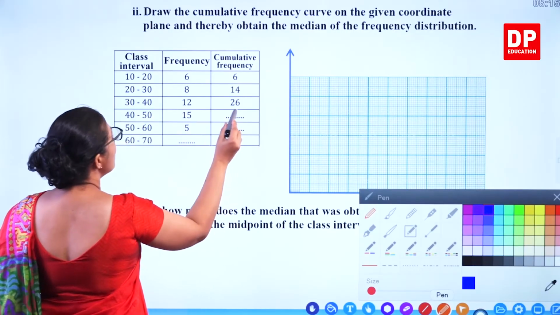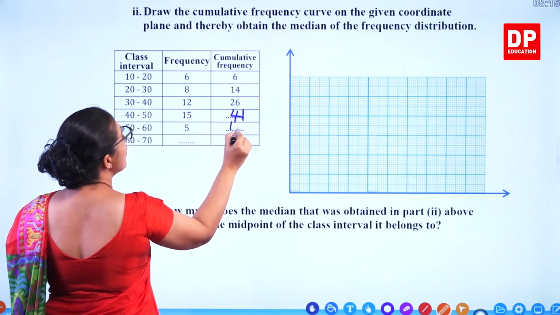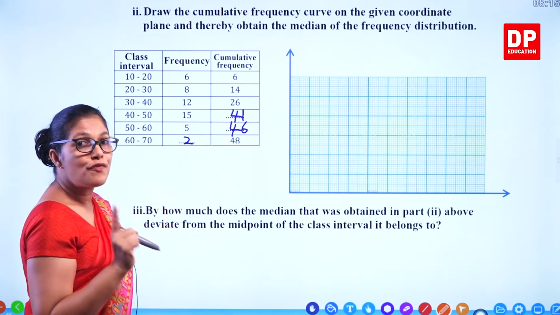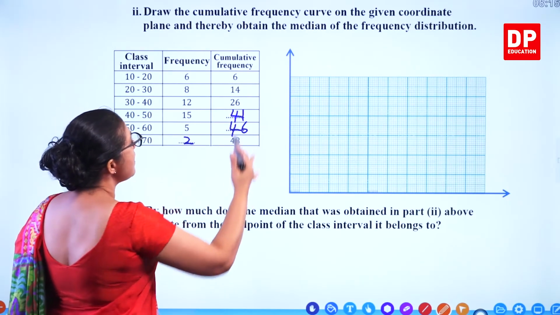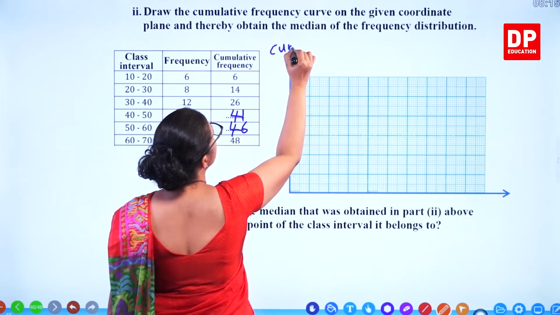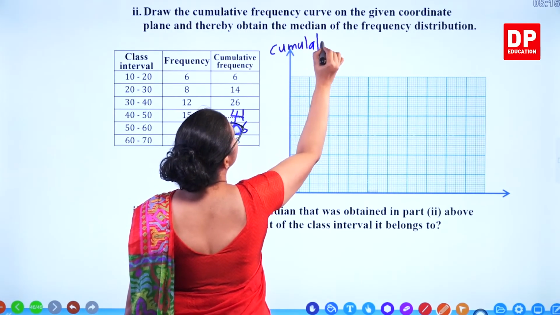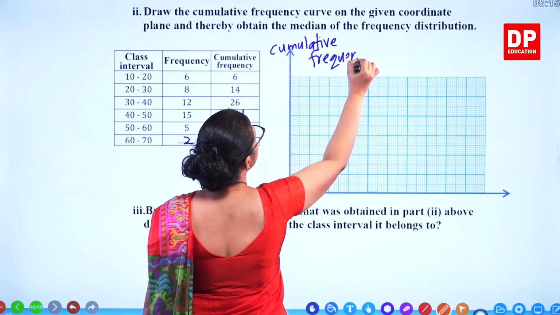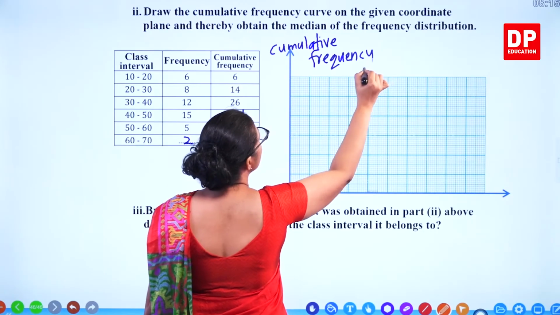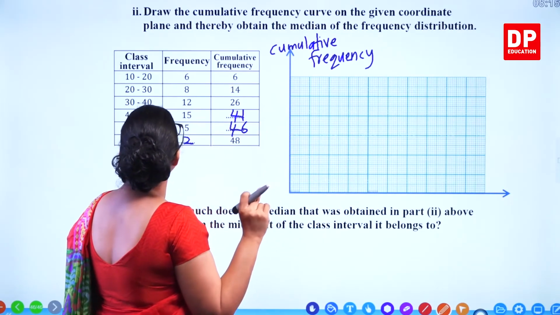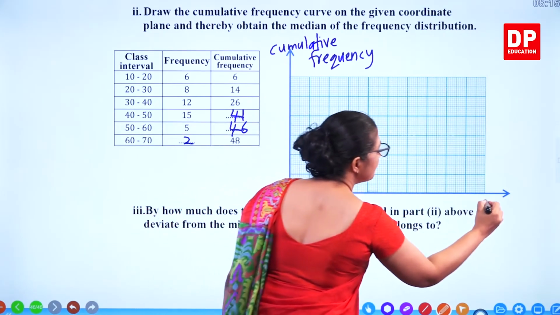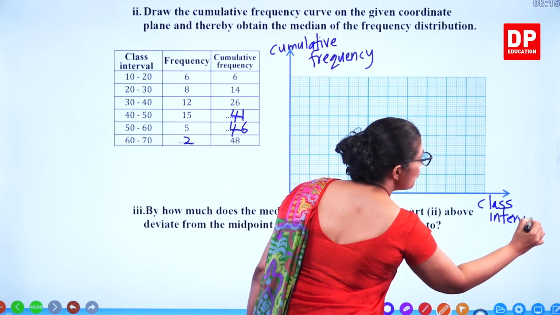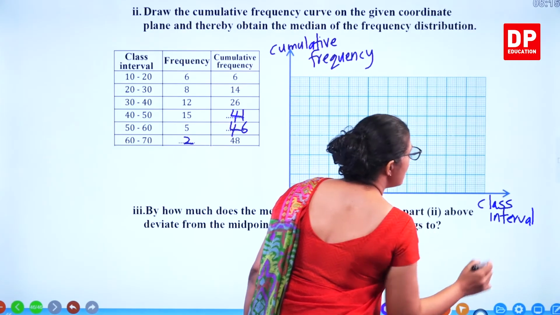Now we found out these are 41, 46 and 2. How do you draw the cumulative frequency curve? The y-axis is cumulative frequency, and the x-axis is the class intervals. Now you need to adjust the scale.